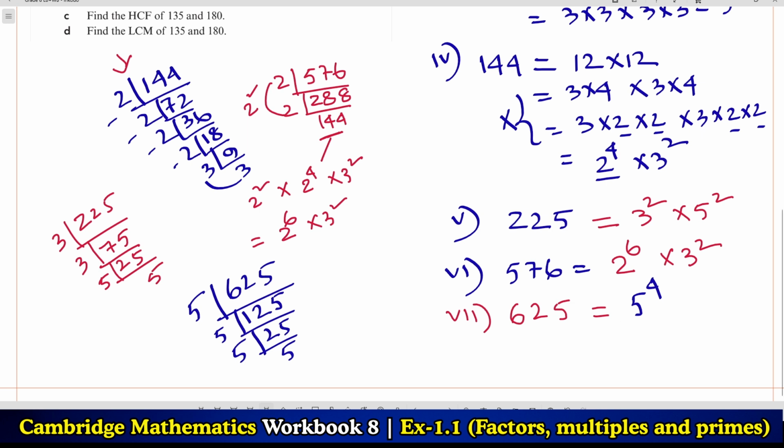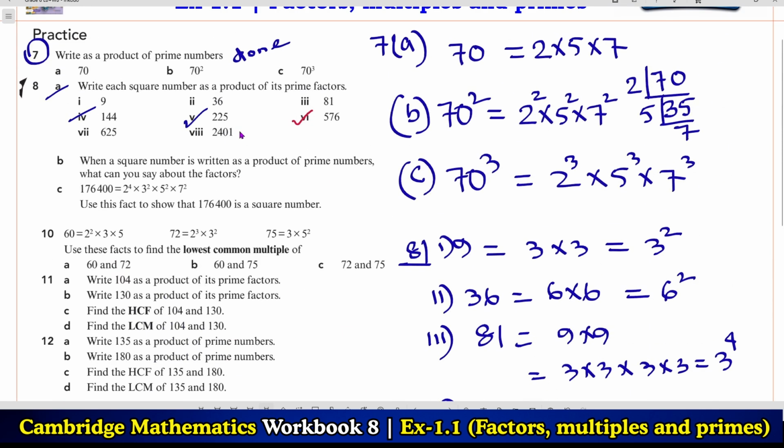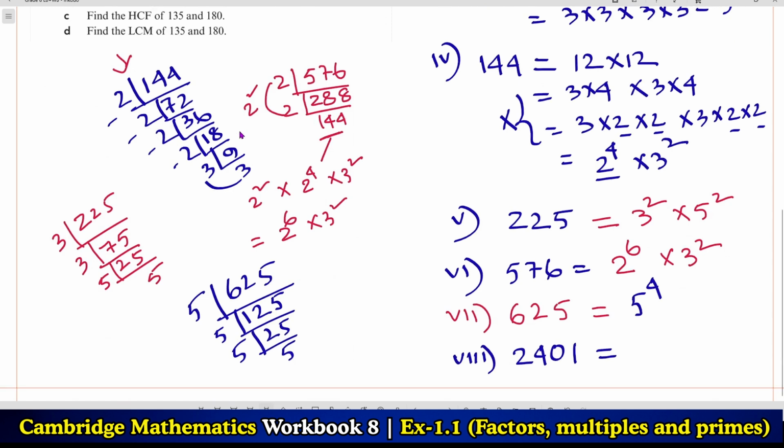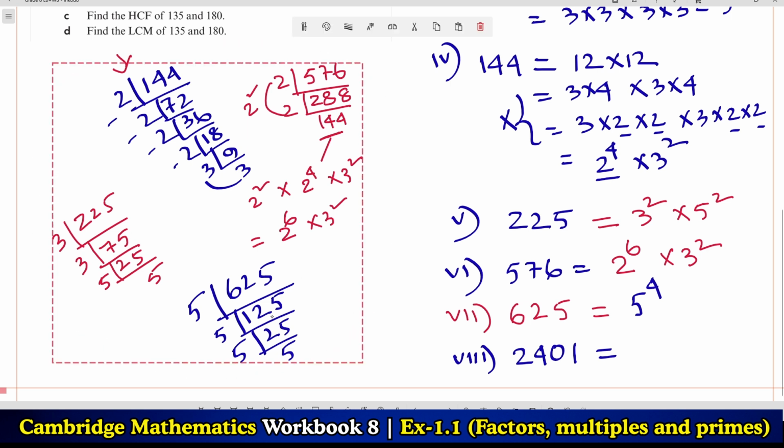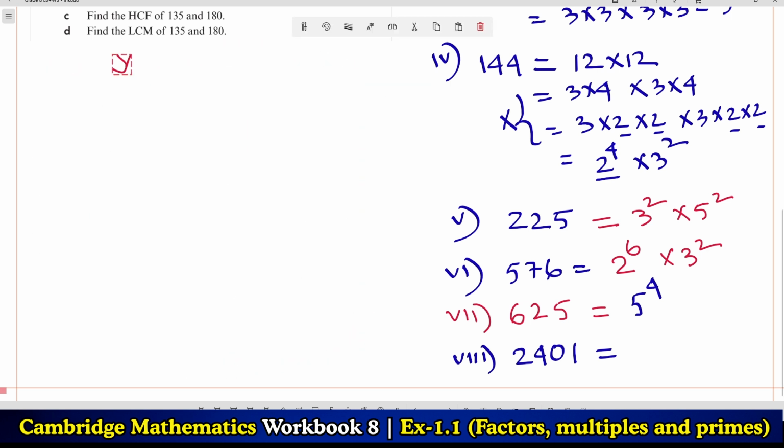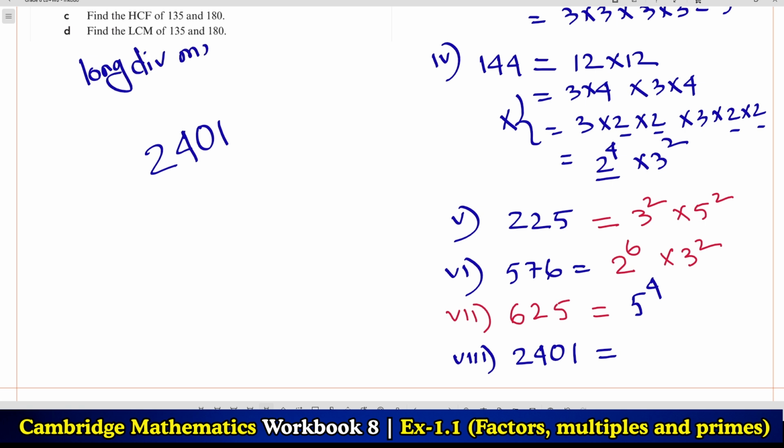Last one, number 8 of question 8, 2401. This is a very complex thing. This one we cannot find an easy way for. We have to do something. We have to find out whether this is a perfect square, so we have to use the long division method. 2401, use the long division method.